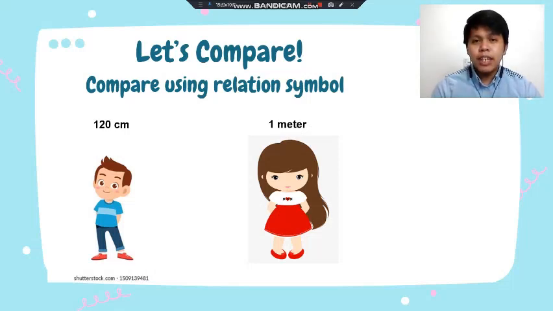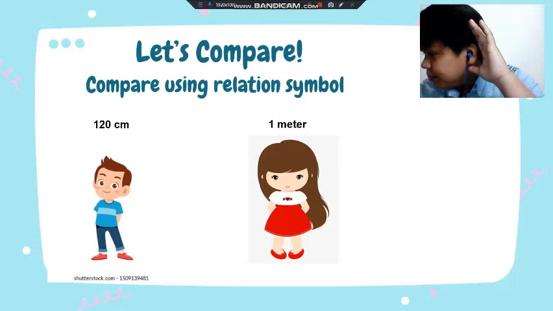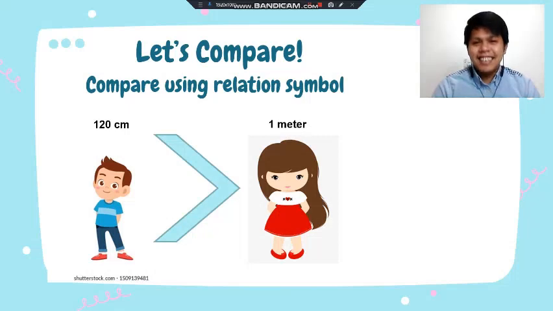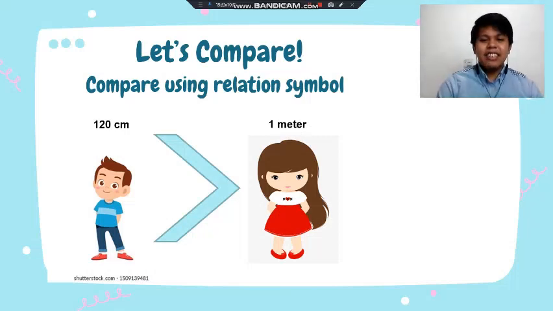Compare. Is it greater than, less than, or equal? Great. It's greater than. The boy's height is greater than the girl's height.